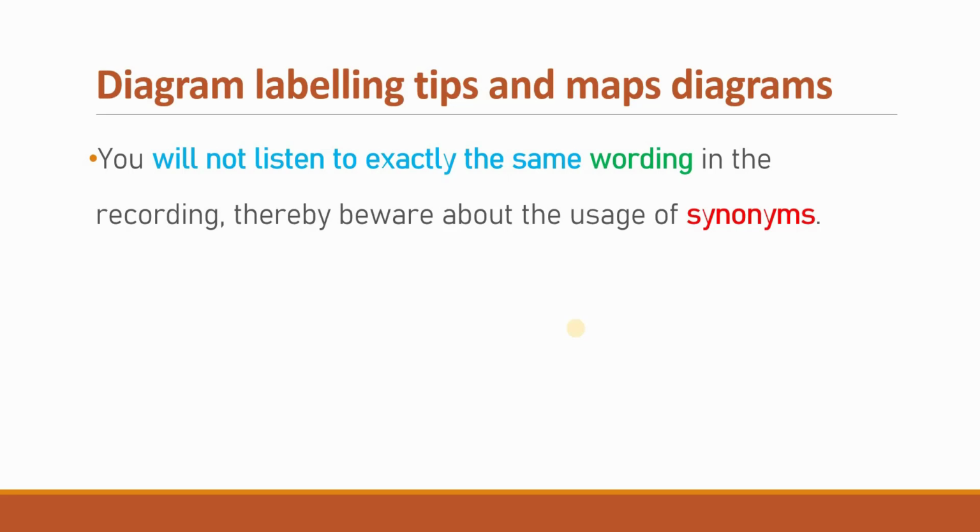So try to think about synonyms. For example, there might be the word important in the map or diagram, and the speaker would not say important, he may say crucial, critical. So crucial and critical are the synonyms of important. So try to learn some synonyms as well.